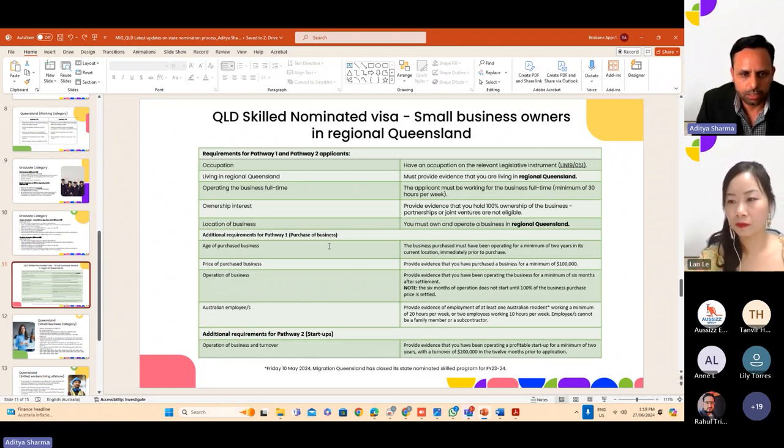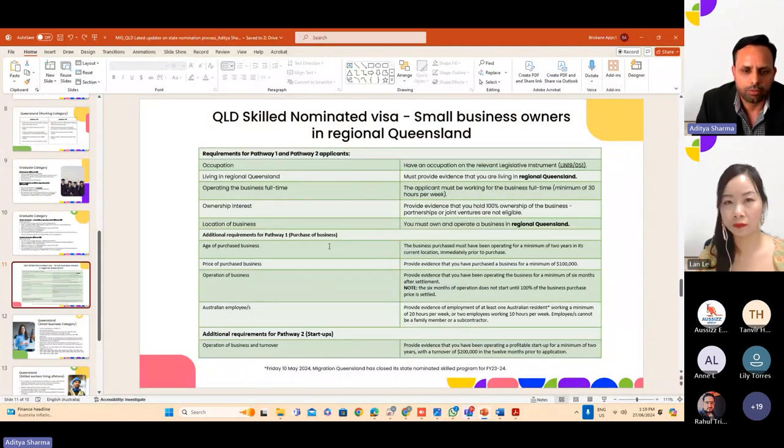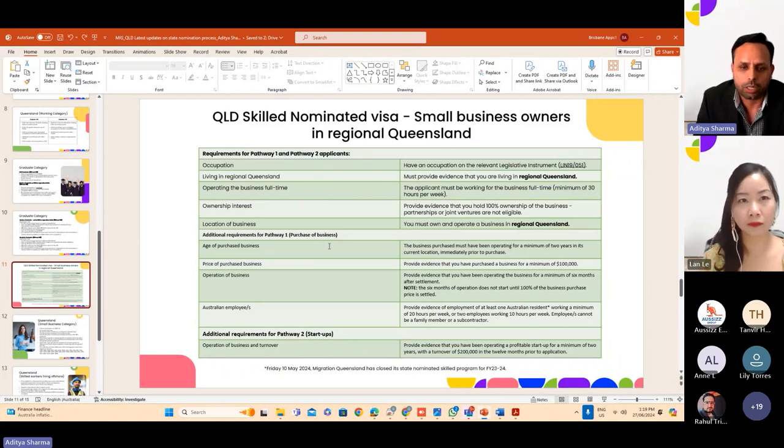So when we talk about the small business owner, what that means is, if you have a positive skill assessment and you have your points minimum of 65, as required to be eligible for any EOI, including 15 points of state. So if you have 50 points on your own and you get 15 points from state for 491, you are actually eligible for this one.